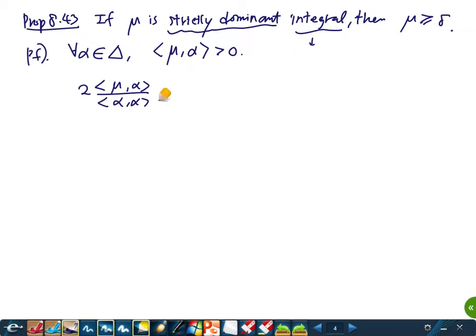But it's an integer, and it's strictly positive. That means it must be greater than or equal to 1, because the smallest integer greater than 0 is 1. So integral implies this, strictly positive implies this, and together this implies this. All right?